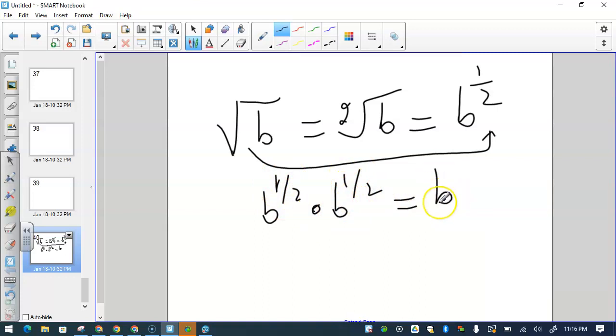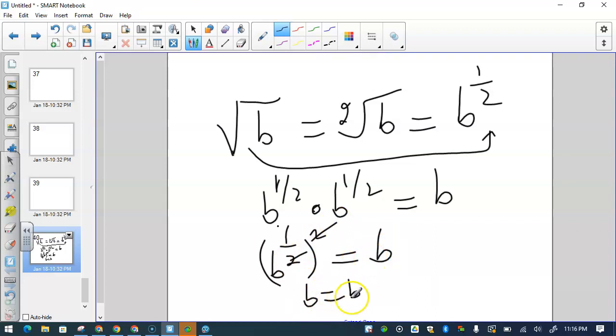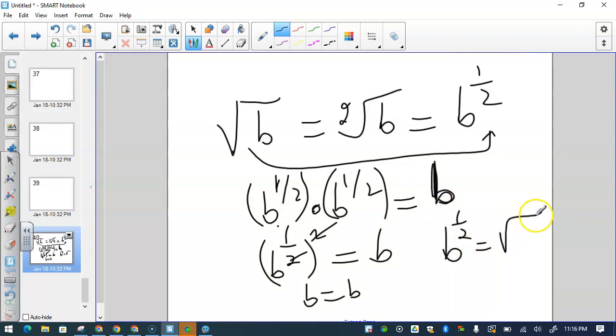So two of these, b raised to half, you get b. These two when you multiply, you get this. So one of them, that is b raised to half, is the square root of b. That's the reason.